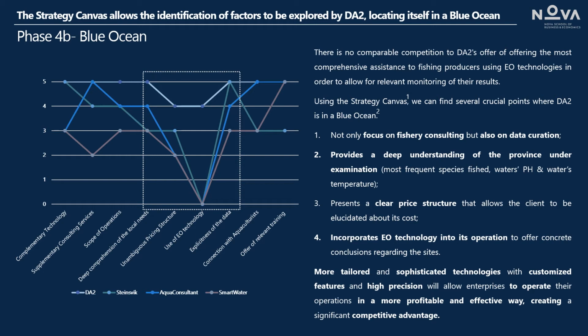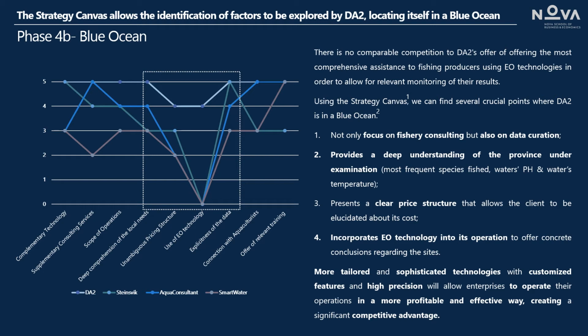The first one is not only focus on fishery consulting, but also on data creation. The second point is provides a deep understanding of the province under examination. The third one is to present a clear price structure that allows the client to be able to elucidate about its costs.